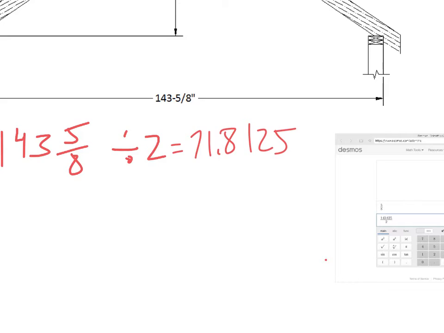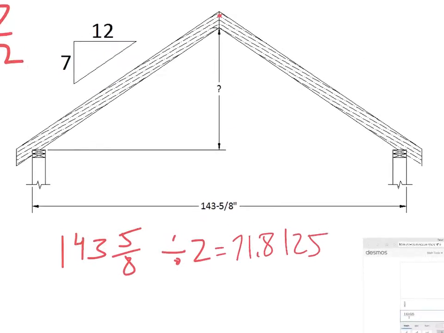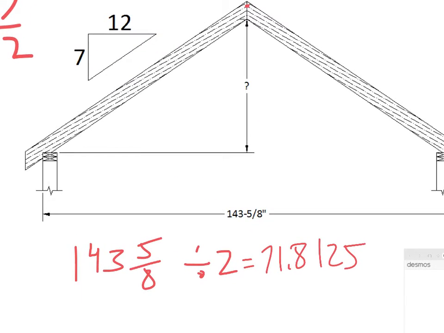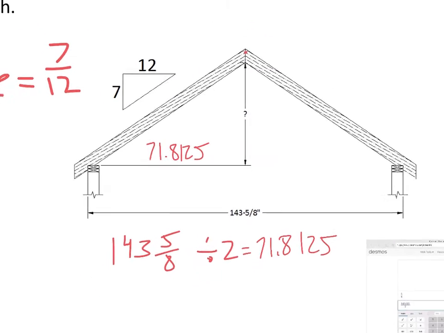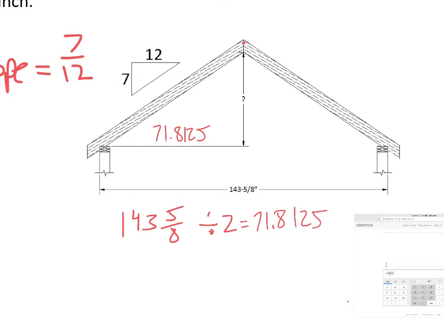Keep all those decimal places for now while we're working with it. In the end, we'll change it back to a fraction. We want to keep it exact as much as possible, unless we get a super long decimal. Now we want to make a proportion. This ratio here, 7:12, is the rise and the run.